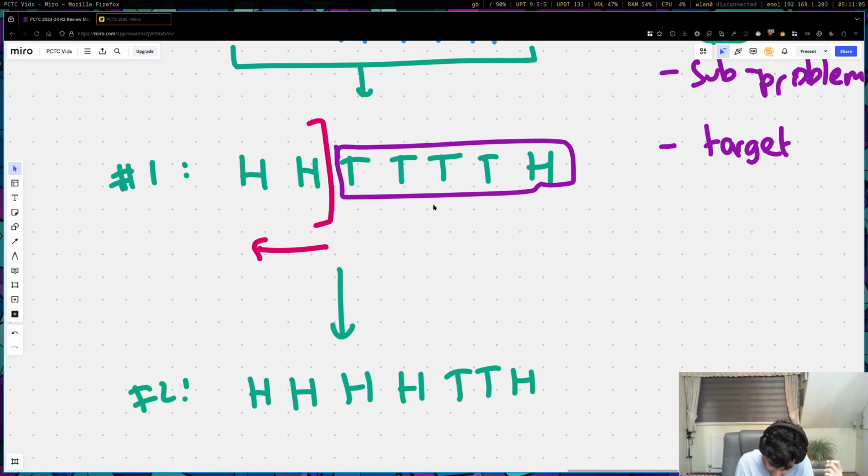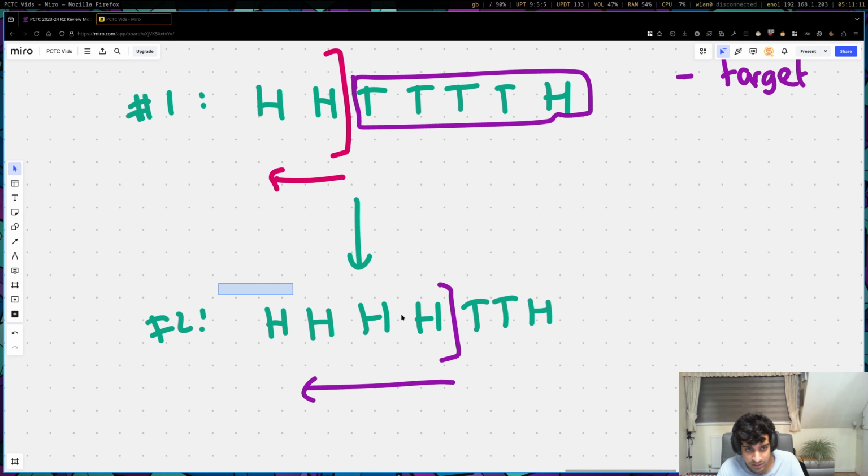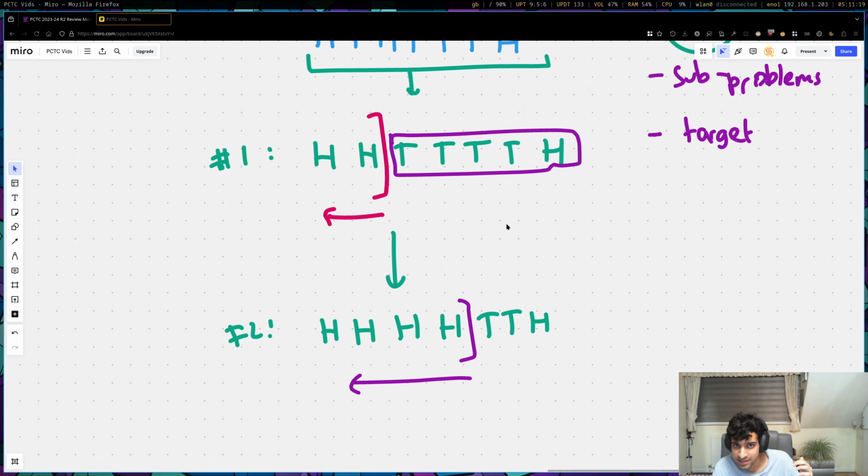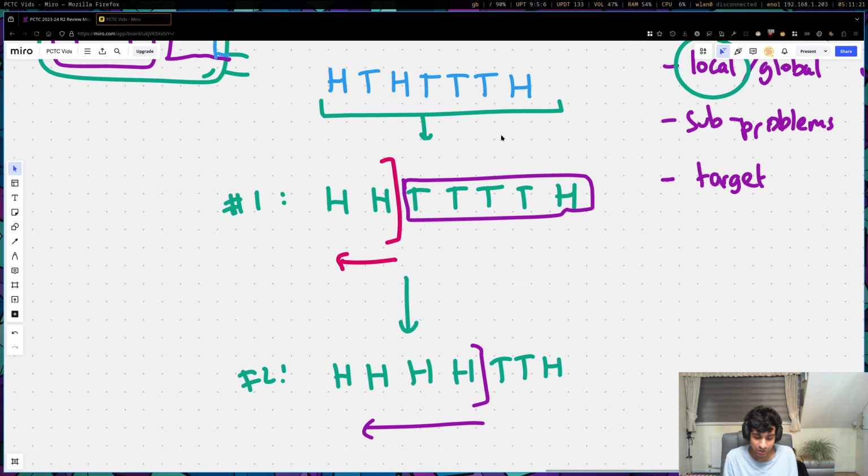And again, if you look at it, we've solved the problem up until everything that we've reached. Everything to the left of that breakpoint we've solved, because everything here is an h, which is our goal. Everything to the right still requires processing. So perhaps this is a good way of trying to understand why this is a greedy approach. Again, I still don't entirely understand it, and I could very well be missing something, because I don't get it.